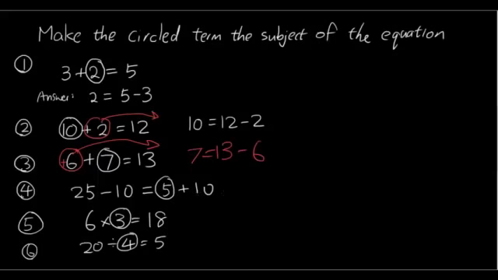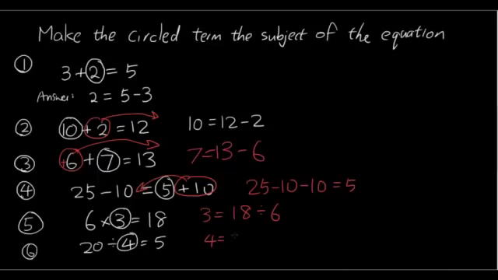We want to make the 5 the subject, so this becomes 25 minus 10, and because we want to make 5 the subject, we're going to move the 10 to the other side, which becomes another minus 10 equals 5. And here we have 3 equals 18 divided by 6. And here we have 4 equals 20 divided by 5.